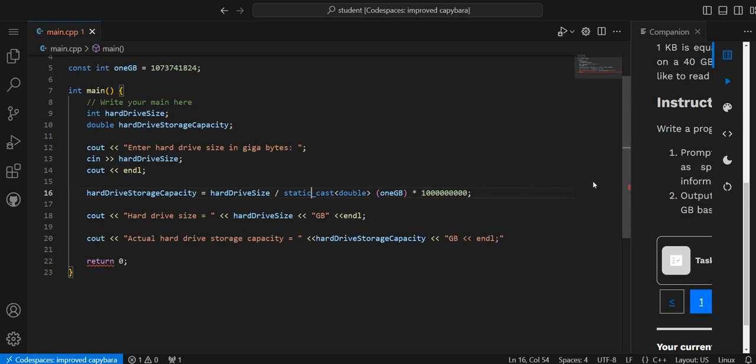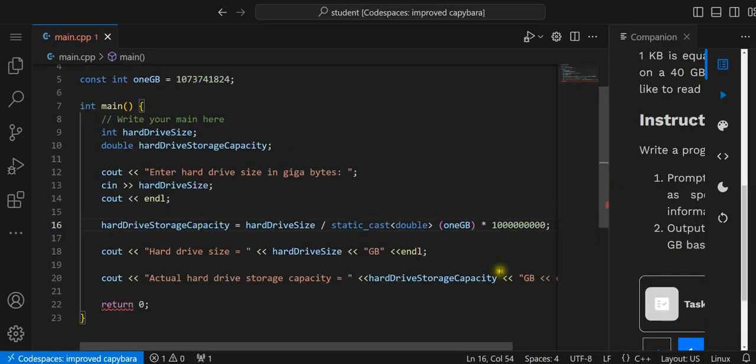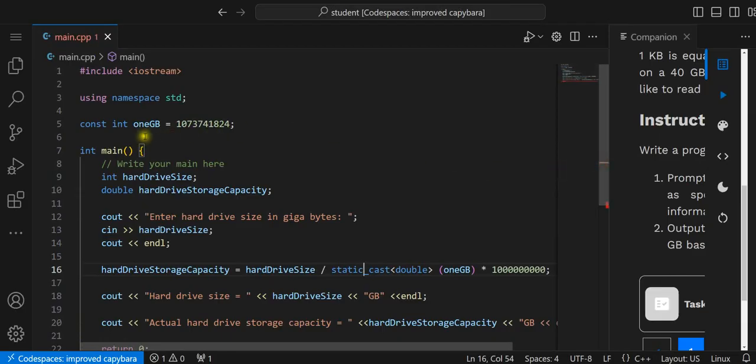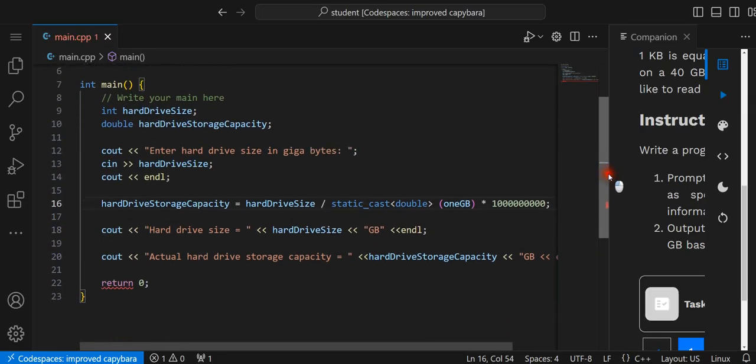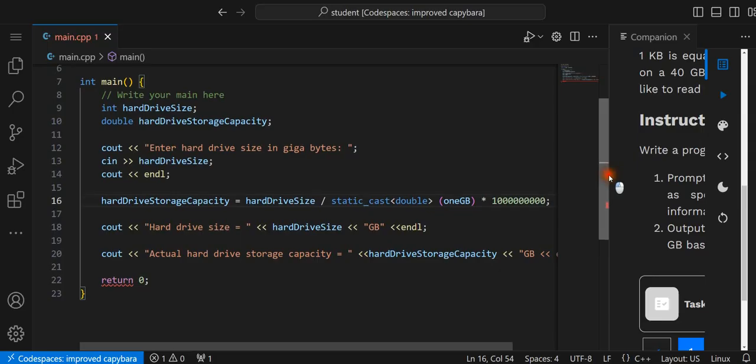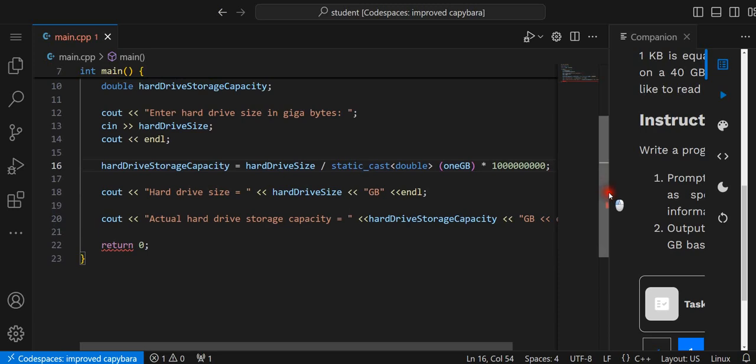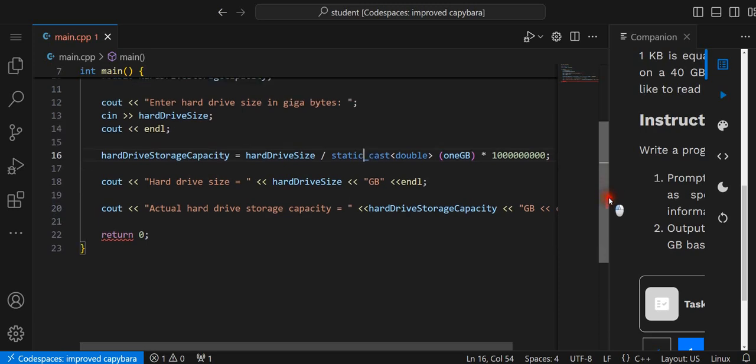All right, so let's see what we got here on top. We have the constant 1 gigabyte equals 1,073,741,824. And we go down to our variables: hard drive size, hard drive storage capacity, enter hard drive size in gigabytes, hard drive size endl. Hard drive storage capacity equals hard drive size, static_cast double, 1 gigabyte, times 1 and 9 zeros.